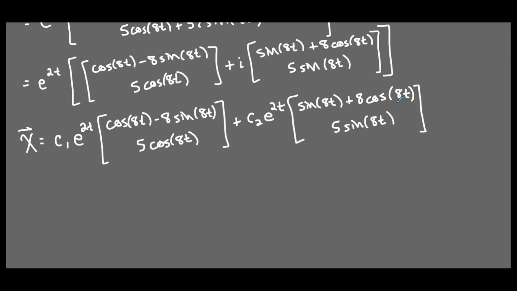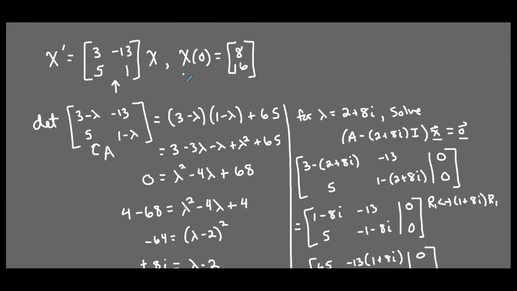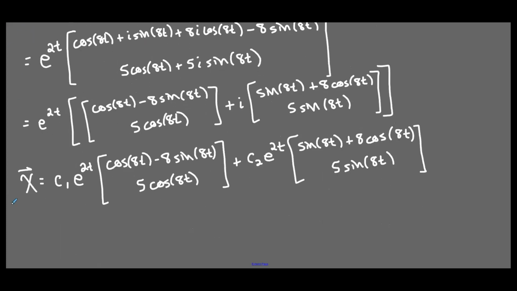That's sine 8t plus 8 cosine 8t, and then 5 sine 8t on the bottom. All right. So that's the solution, but we also had an initial value. So let's apply the initial value and solve for these constants.